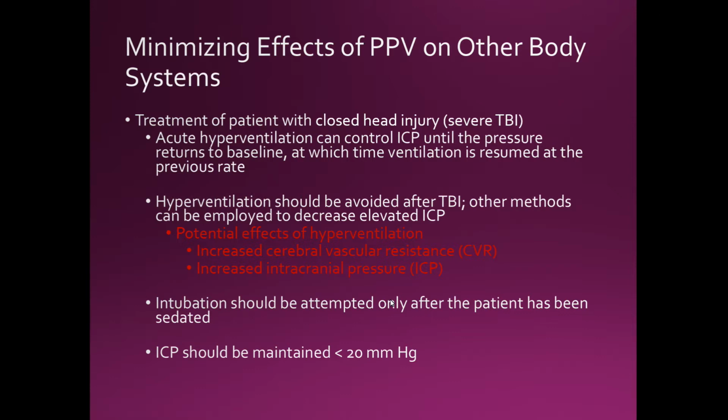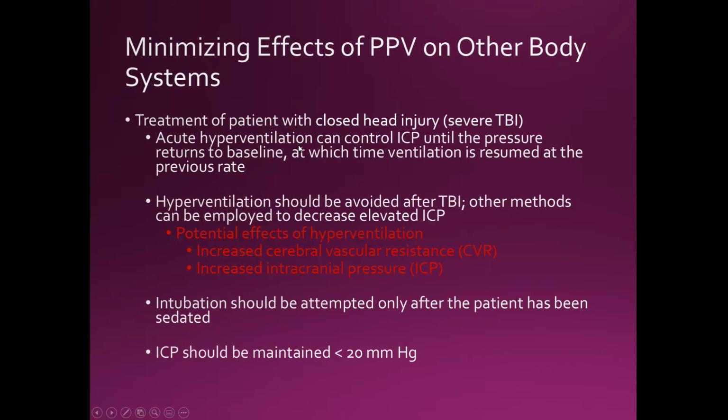So different parts of the body are going to be affected as well when you're on mechanical ventilation. For this particular example, we have a patient with a closed head injury, severe traumatic brain injury. Acute hyperventilation can control ICP until the pressure returns to baseline. So if our ICP starts increasing, we want to hyperventilate.